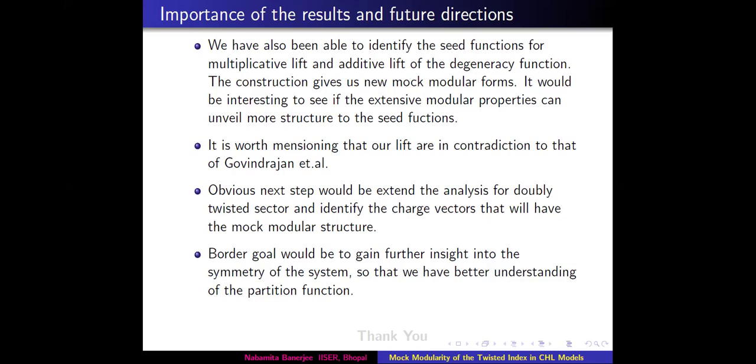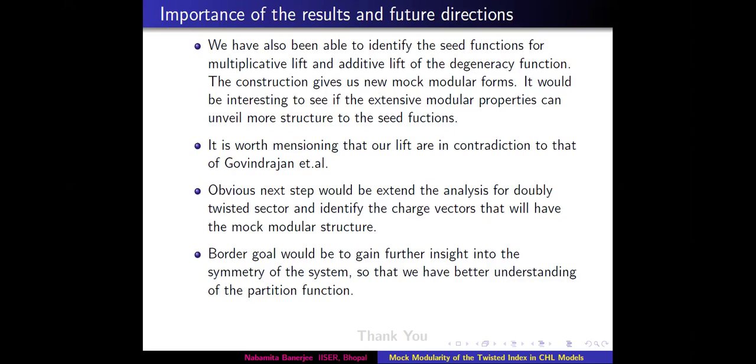The second point I find interesting is to see if the extensive modular properties can tell us something more about the seed functions. Once I have the partition function, there is a way to get to it by starting from a function and doing something known as the multiplicative lift, or something known as the additive lift.